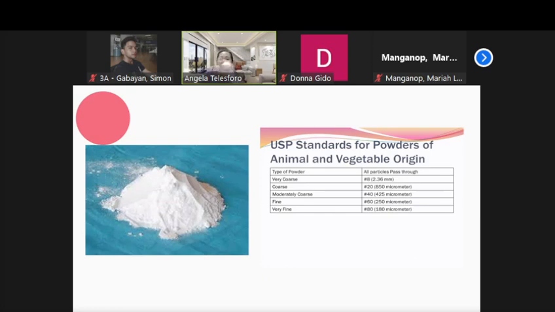We have an instrument that can be used to measure the powder size. So 2.36 millimeters ang size. Na coarse, so number 20 na sieve, meaning mulusot siya sa number 20 na sieve. So we have the 850 micrometer, ang moderately coarse 425 micrometer, ang fine 250, ang very fine 180 micrometer. So you have to remember that.